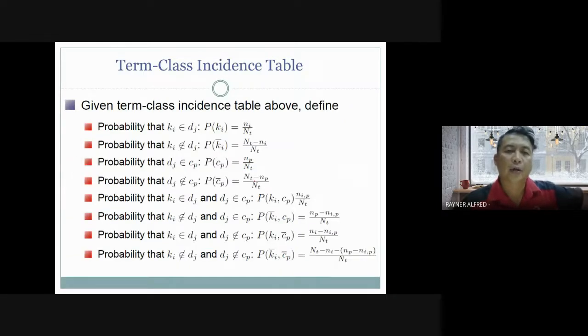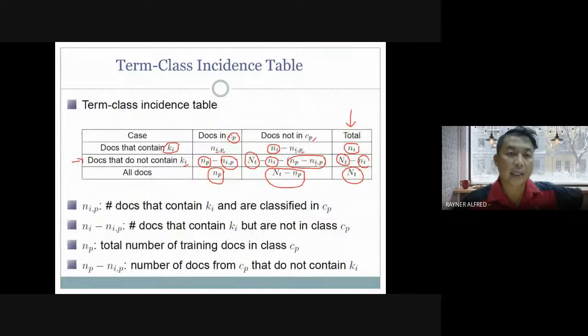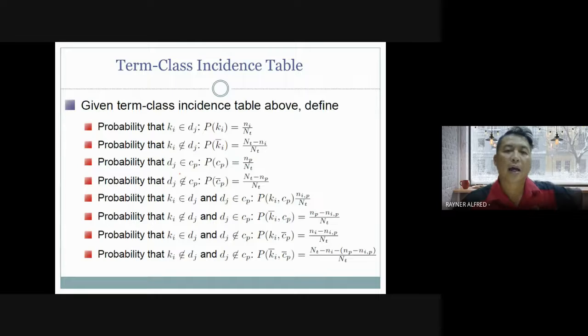Okay, so now given all this term class incidence, we can compute the probability. So over here, what is the probability that keyword I belongs to document J?